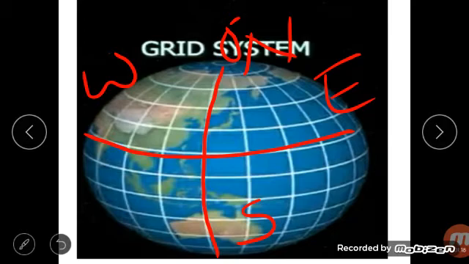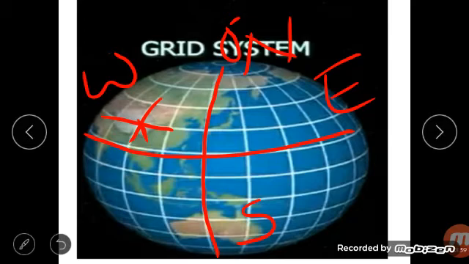But in order to locate a place, we need to know the exact longitude and latitude. The location of the place is where the two lines intersect each other.